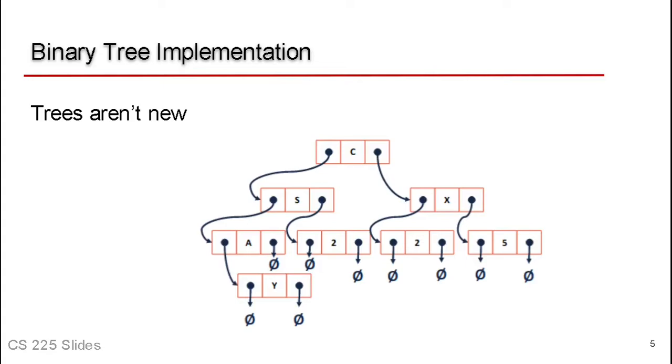Here we have only Y and 2 and 5. Here you cannot consider it as a leaf because it's correct that the right branch is empty, or null, but the left one is connected with another node. So you cannot consider that as a leaf.